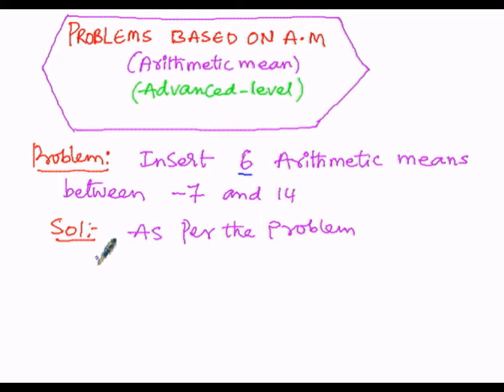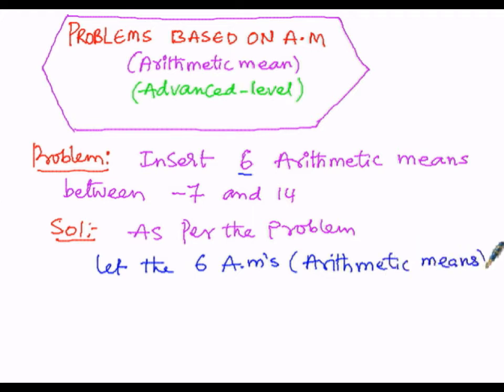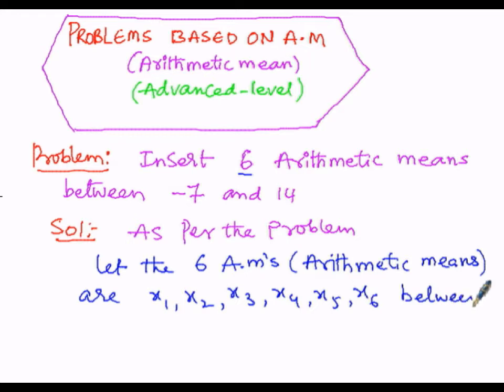Let the 6 arithmetic means be x1, x2, x3, x4, x5 and x6. AM stands for arithmetic means. Then these are the 6 arithmetic means between -7 and 14.